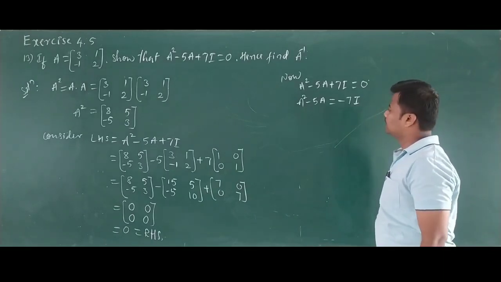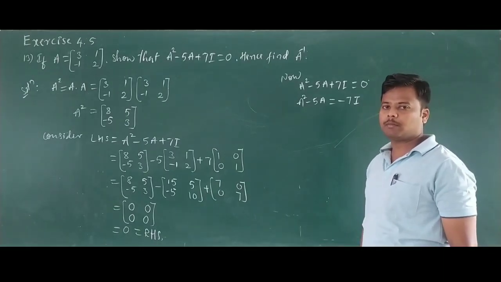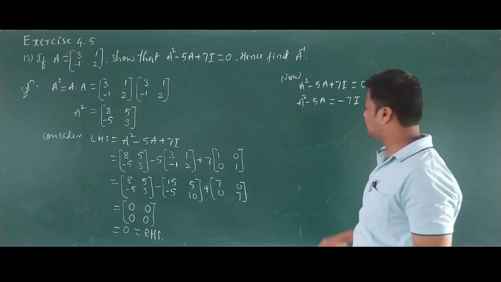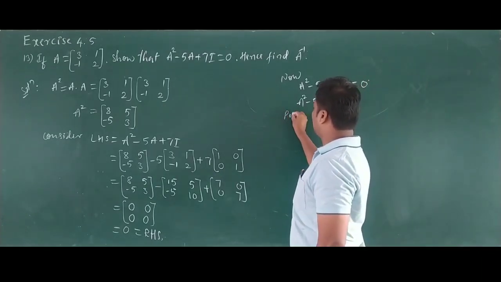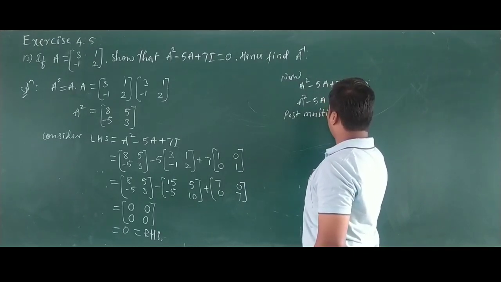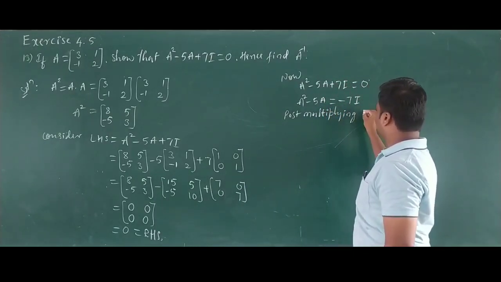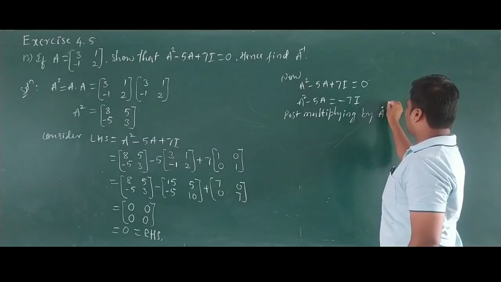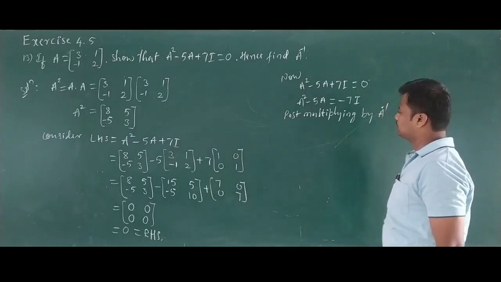Okay. Next step, post multiplying by A inverse, we get on both sides.